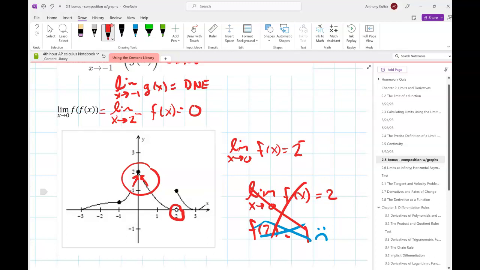Now that output of the inner function is the input for the outer function. So I can say then, I can look at the limit as x approaches 2 from the left of the outer function f of x, which is just going to be 0.